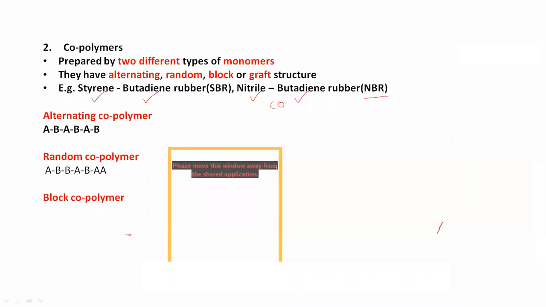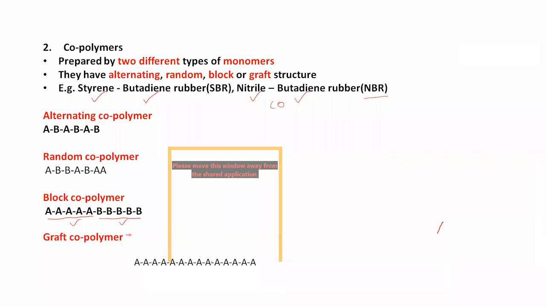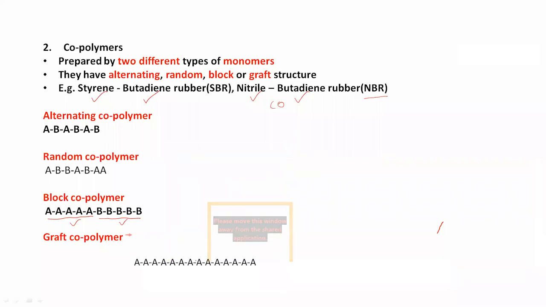Block. What does block mean? If you look at the structure, a block of A monomers is linked to a block of B monomers. Graft. Graft is like this, it's a branch.